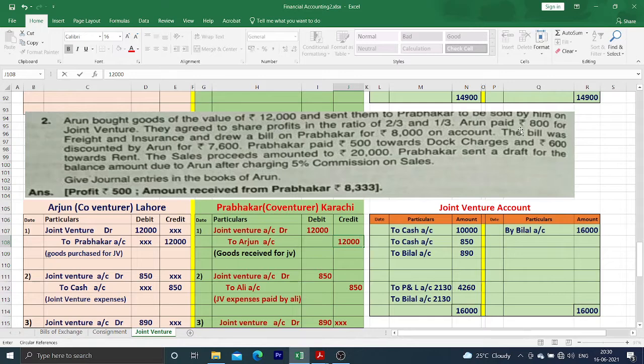Arjun paid rupees 800 for freight and insurance and drew a bill on Prabhakar for 8,000 on account. Right. Arjun paid how much amount? 800. Expenses. Joint venture account data to cash account, Arjun account 800.